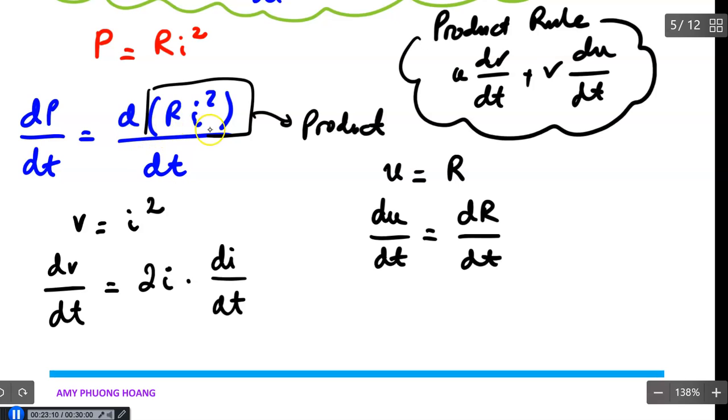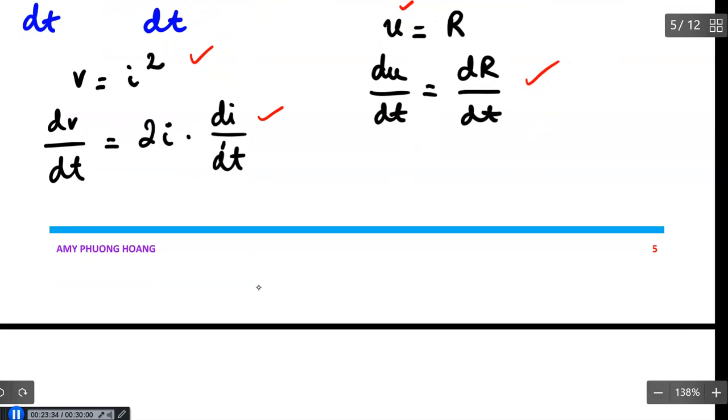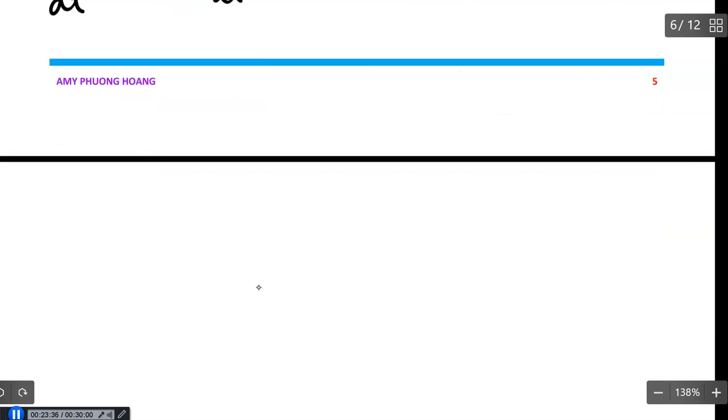If you differentiate this I with respect to t, you have to multiply that by dI over dt because of the chain rule. So we have everything we need: the U, the dV over dt, the V, and the dU over dt. Now what we have to do is substitute into the equation.